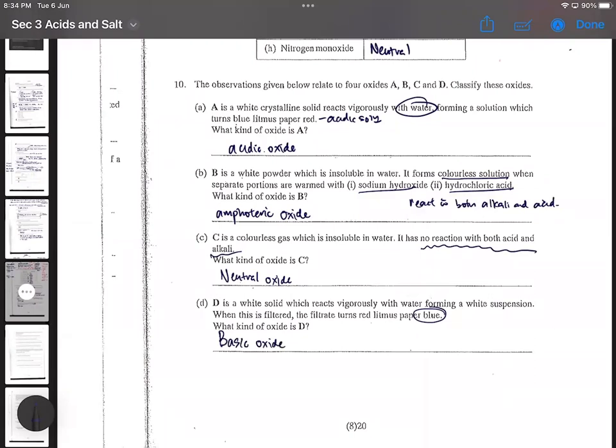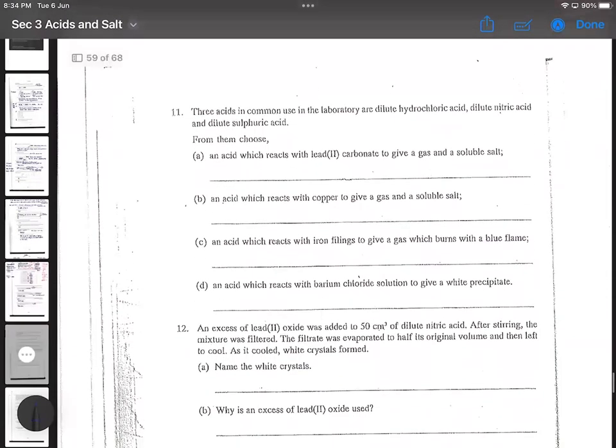Okay, any question for this? Okay, if no question, let's go to the next portion.